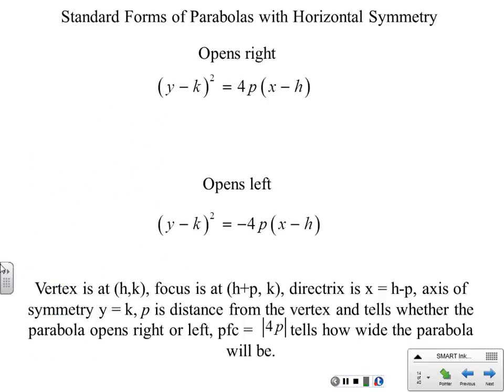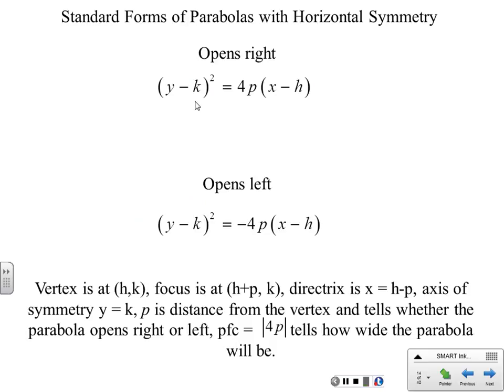All right, I want to go ahead and talk about the ones that open right and left, and then we're going to work on our own, because I kind of want to jumble them up so that you can see how to do this in a test situation. The reason I want to do this is because it's the exact same thing, except now your y is going to be squared.